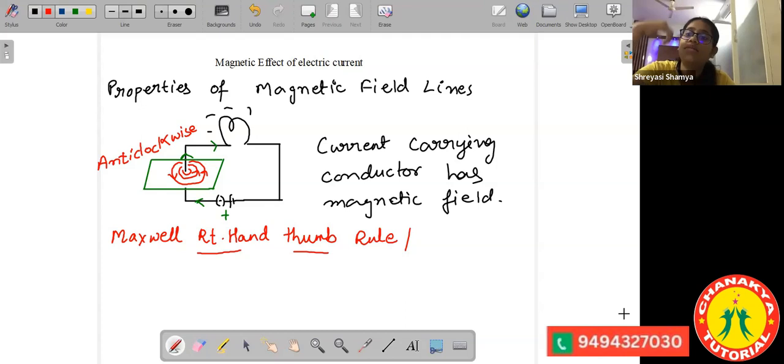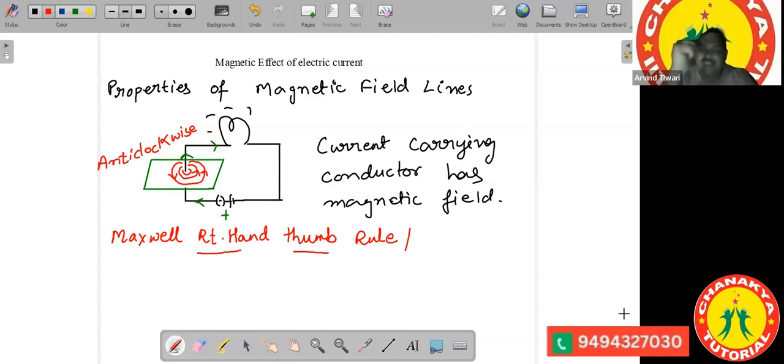If you can just fold your hands like this, check out if you have understood. So in this case, your thumb should point in the upward direction, your fingers are folding in the anti-clockwise direction, and this is the direction of magnetic field lines.